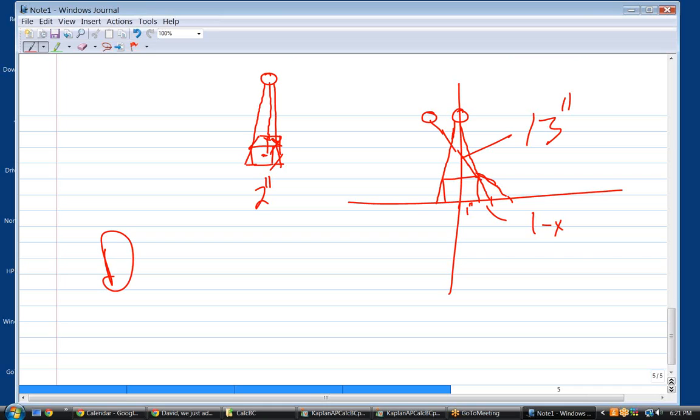So let's see. We have a triangle. If the flashlight's directly above the cube, then this triangle is 13 by x.